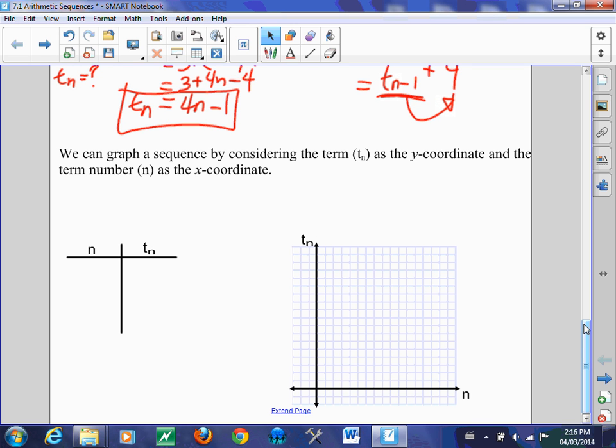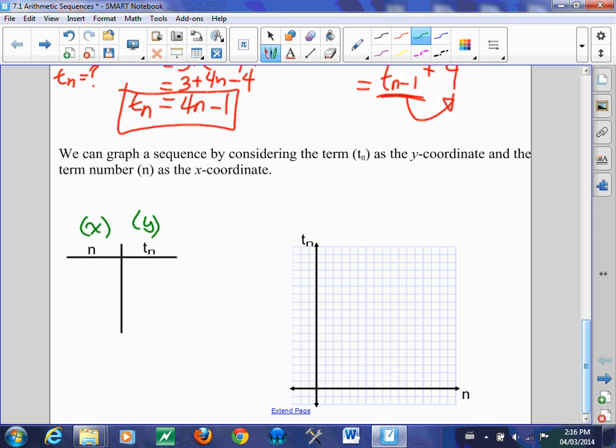We can graph a sequence by considering the term t at n as the y-coordinate and the term number n as the x-coordinate. So we're going to do a little graph here. Just think of this being on your x-axis and this being your y-axis.